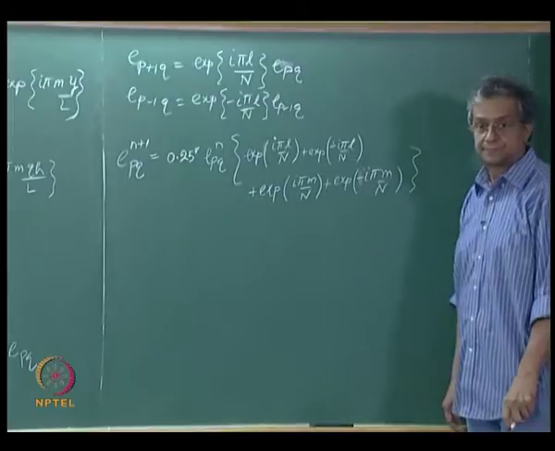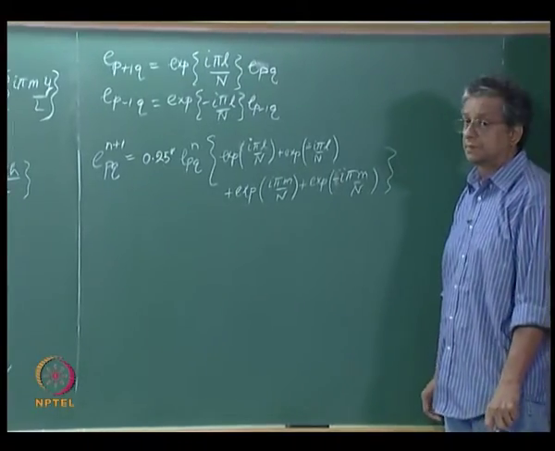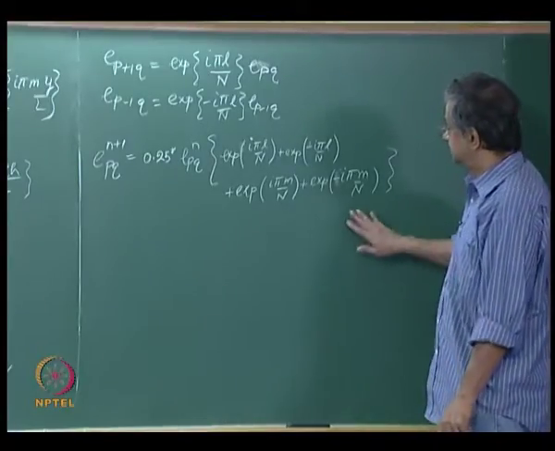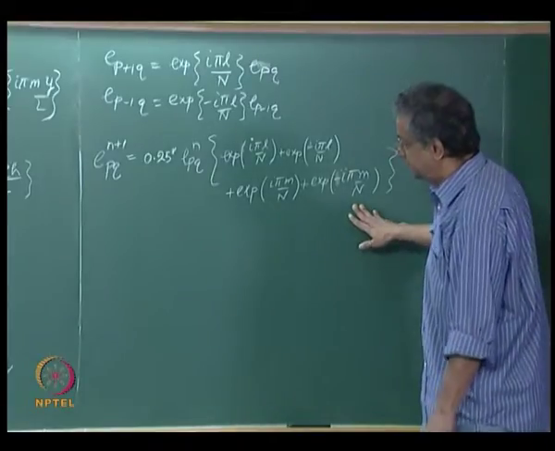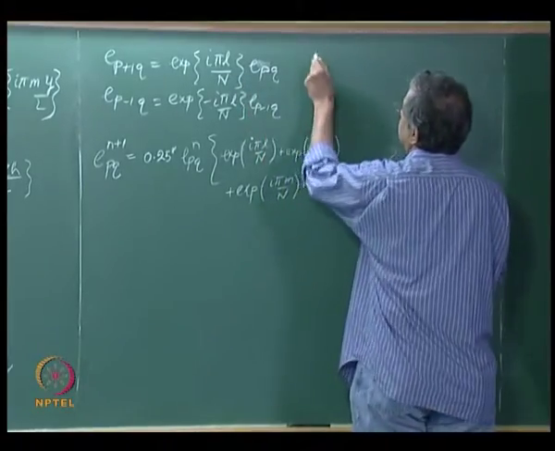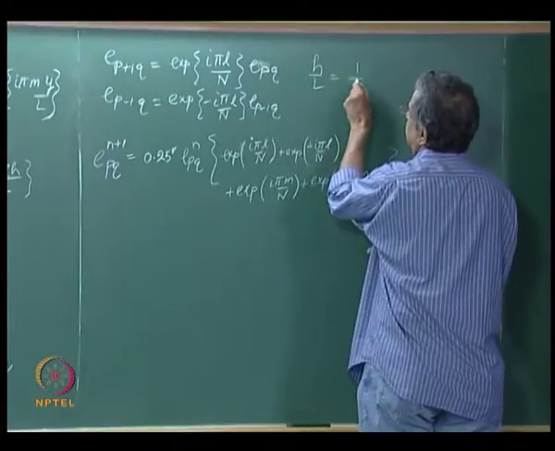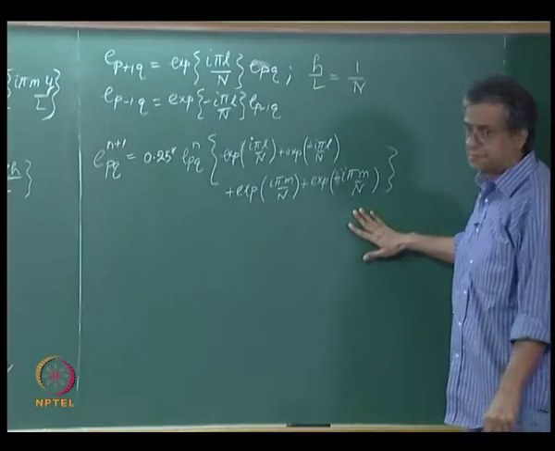Is that okay? Is that fine? Pardon me? No, h by L, I have replaced h by L by n here. Okay, h by L is 1 by n. Is that fine? h by L is 1 over n.